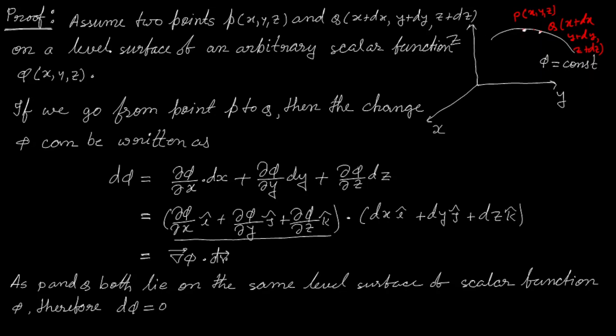And also, if we assume that the magnitude of grad phi is not equal to 0, then we have two vectors whose magnitudes are not 0, but their dot product is 0. That simply suggests they are mutually perpendicular. So in this case, grad phi will be perpendicular to the vector dr.